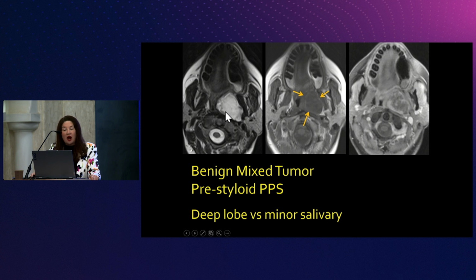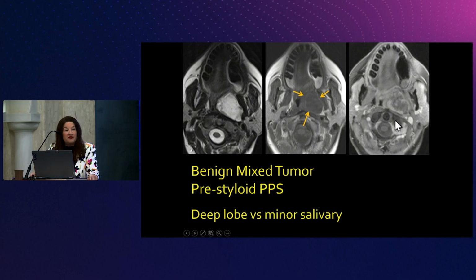It's a circumscribed T2 hyperintense mass, and if you look very closely, you'll see the peripharyngeal fat enveloping it, encompassing it, bordering it. Very important. Okay, it's bright on T2, it's got heterogeneous enhancement. We know, statistically speaking, this is most likely a benign mixed tumor.